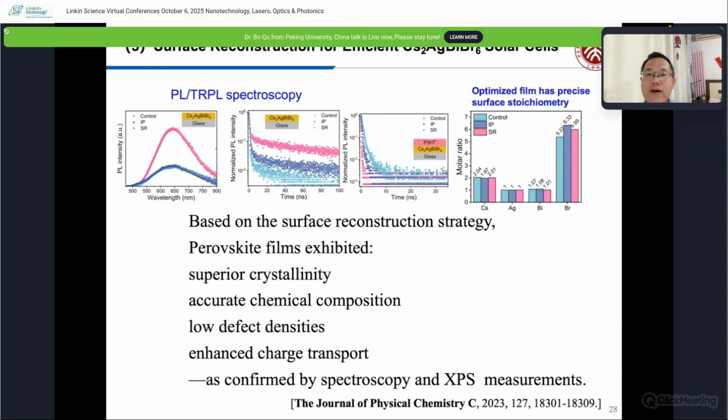Based on the surface reconstruction strategy, the perovskite films exhibited superior crystallinity, accurate chemical composition, low defect densities, and enhanced charge transport, as confirmed by the spectroscopy and SPS measurements.